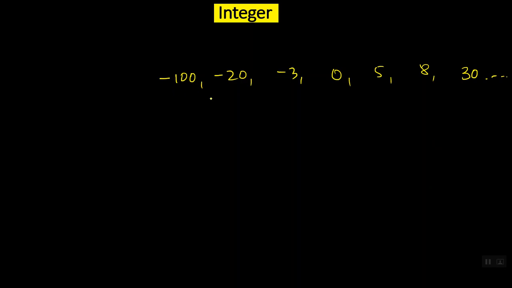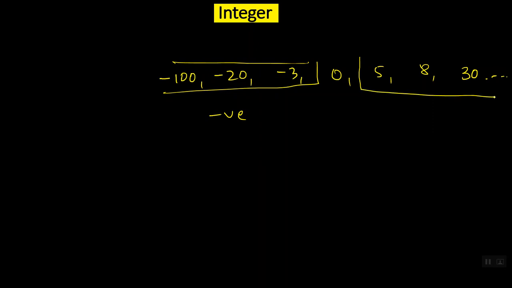All the numbers on the left side of 0 are the negative integers. All the numbers on the right side of 0 are positive integers. And look here, when you go from left to right, the values are increasing.